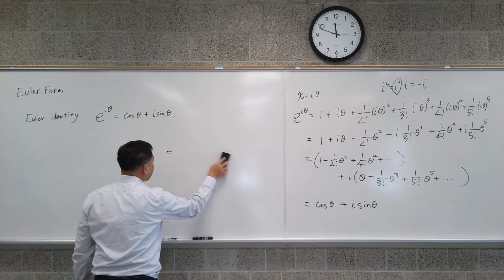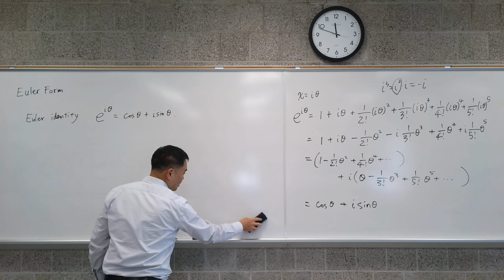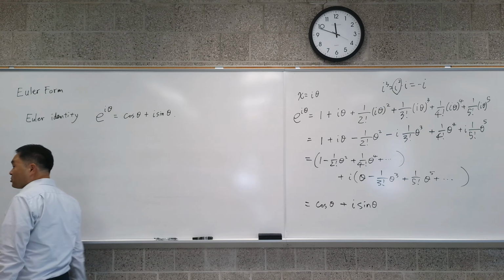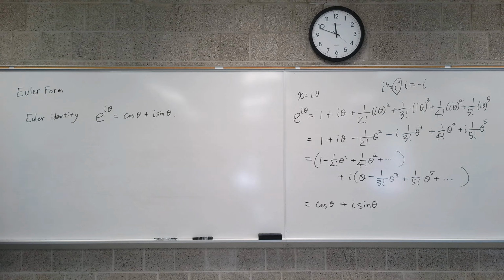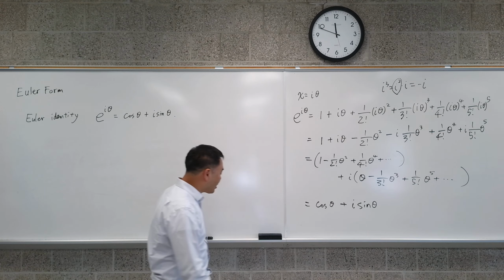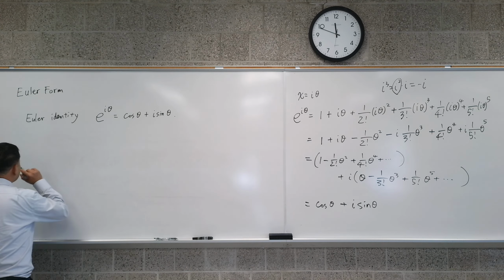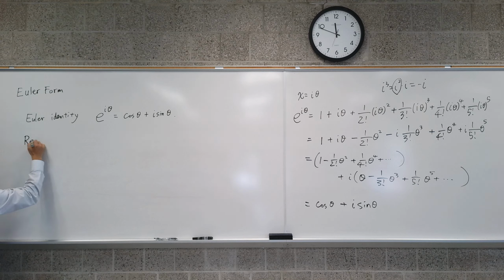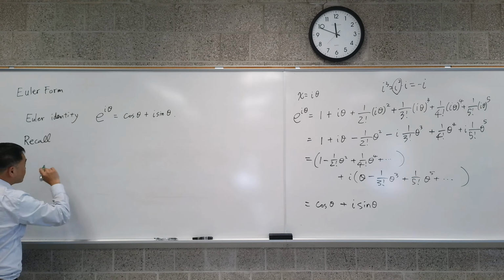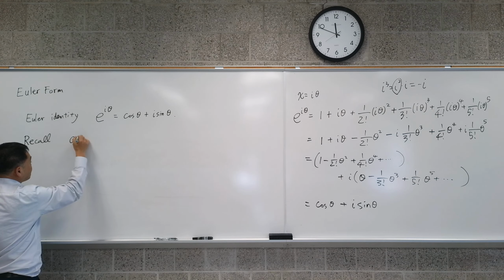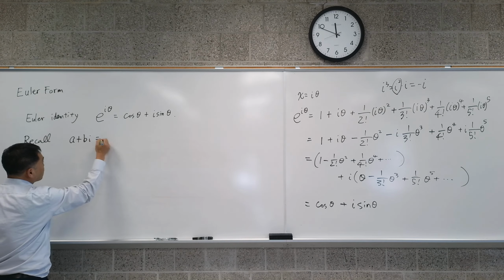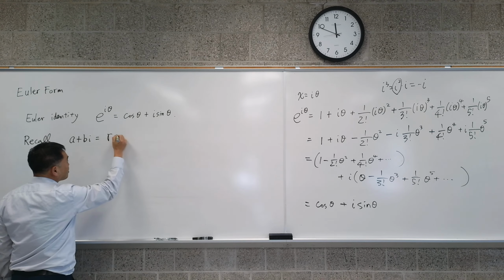Now, Euler identity allows you to look at the complex numbers in a whole new way. In fact, it makes some things very obvious. So, if you recall, last time I said the following, that if you have a plus bi, you can rewrite this in terms of the polar form.